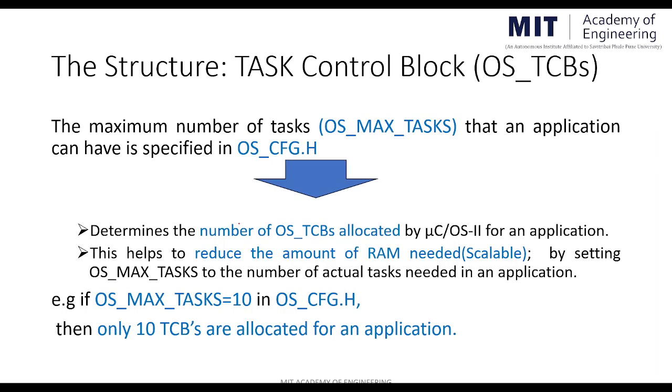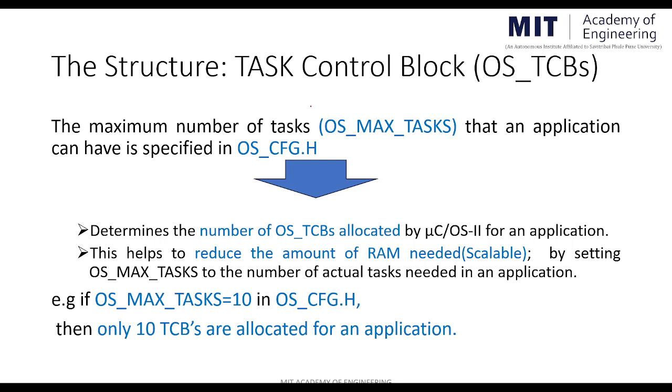So these are very important members of the structure, the memory locations of the OS task control block, which helps to save the status of each task at the time of context switching. Now the question is, how many TCBs are allocated for a particular task?